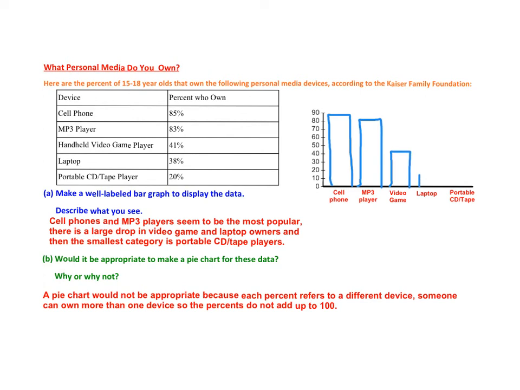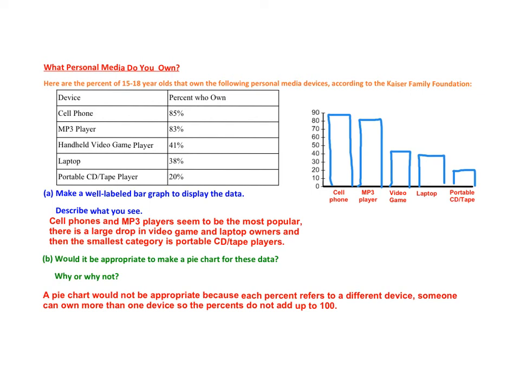A laptop, up to 38%. The portable CD and tape player, my favorite. Gotta have that. Down to 20%. This is from a few years ago, so it's probably even lower than that. The next couple questions are just a few follow-ups about the cell phone and MP3 players. Again, you probably have those two in one, but those are overwhelmingly common.